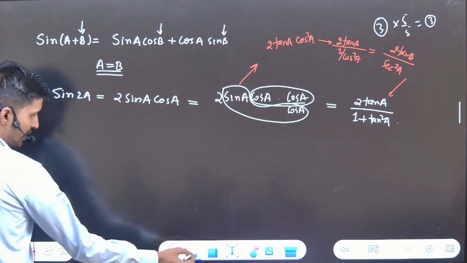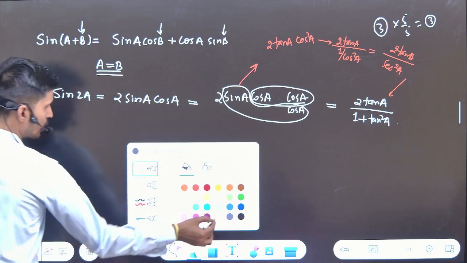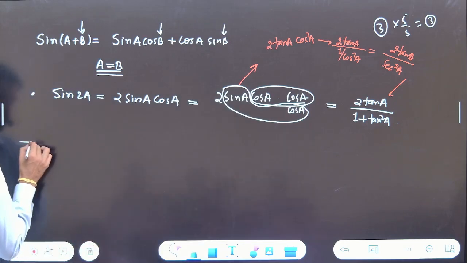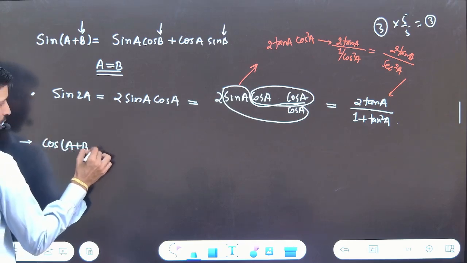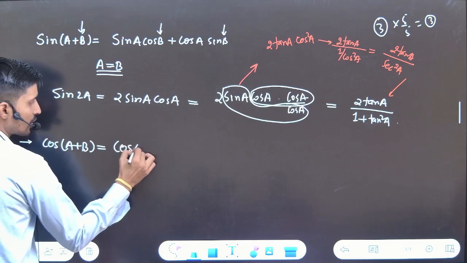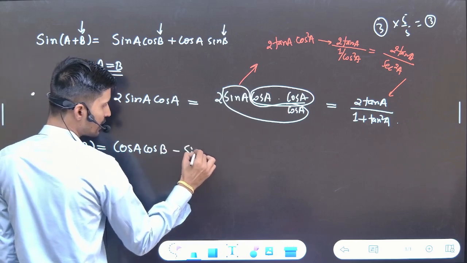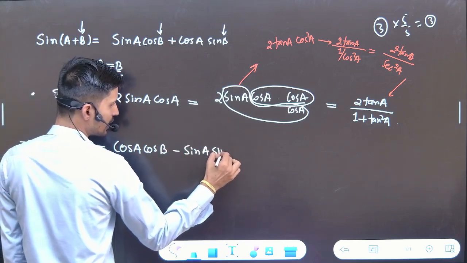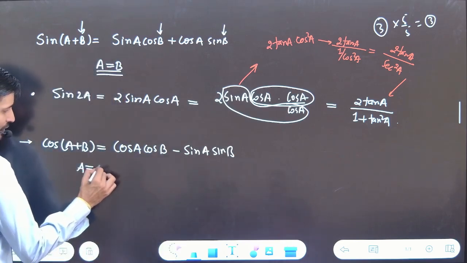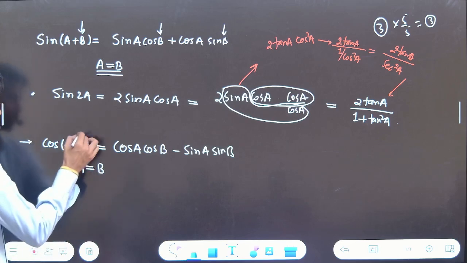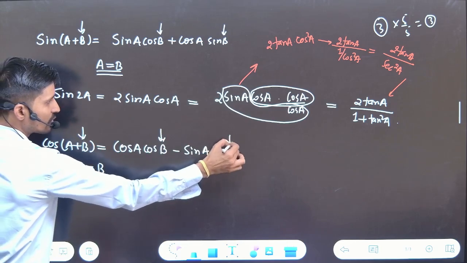Now, the cos A plus B formula. Remember the cos A plus B formula? What was that? Cos A cos B minus sin A sin B. So if A equals B, I will write A and B are the same, so in place of B I can write A or not?